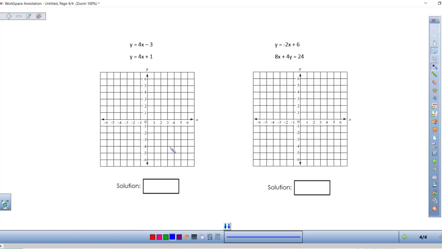Okay, so if we look at these last two equations, I should notice that they have the same slope. And we've talked about same slope before, giving us parallel lines. But let's graph them and just double check. We would start with the first one at -3, and then go up 4 over 1.